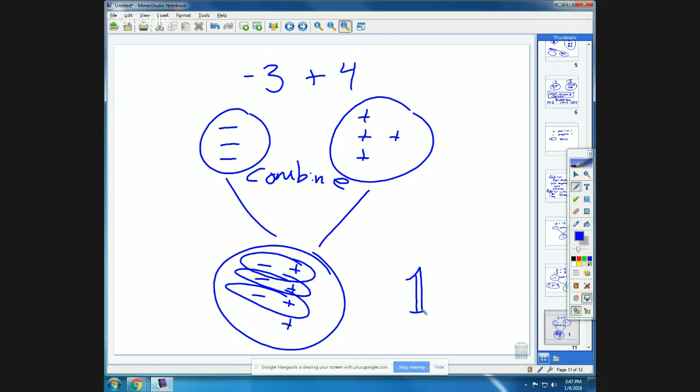So we can demonstrate after we regroup and pull the zeros out that this is the same as 1.